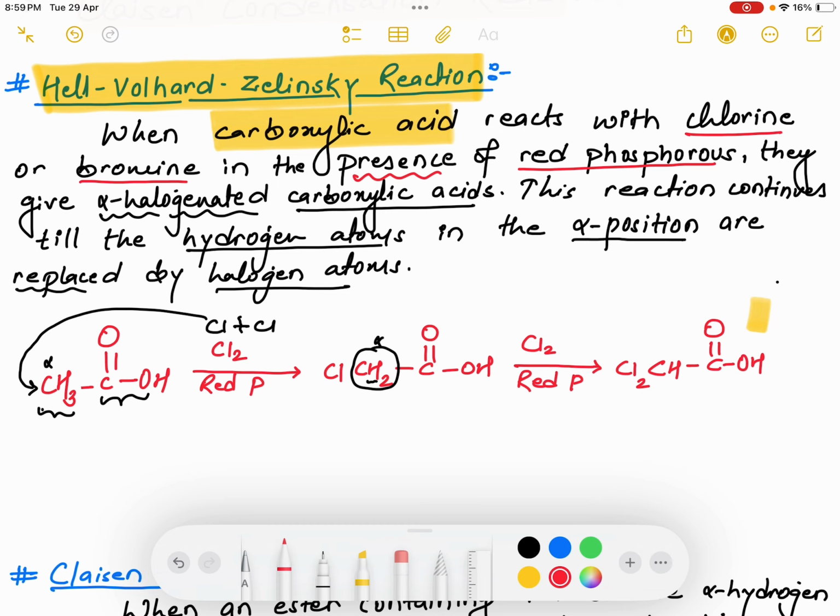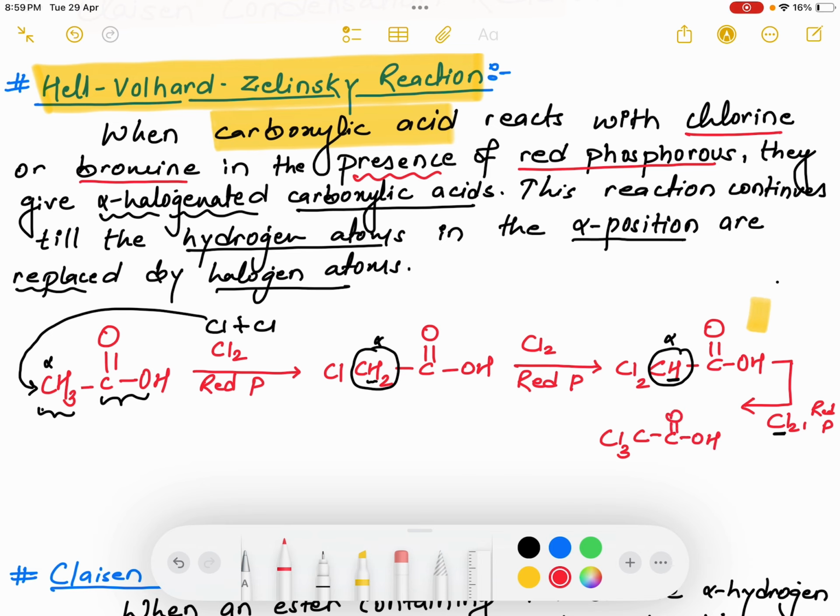Further if I treat it with chlorine in the presence of red phosphorus, it will replace the one hydrogen still there in the alpha carbon. Even this hydrogen will be replaced by chlorine. So the product will be CCl3, with the formation of C double bond O, OH.